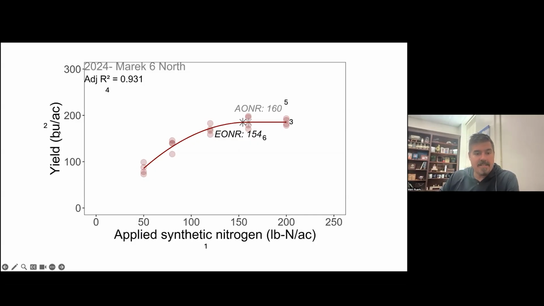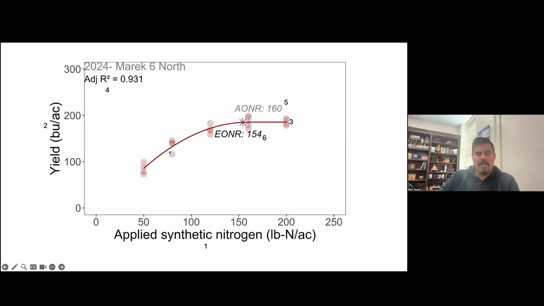Number two, the y-axis. This is yield, corn yield in bushels per acre. It's what you'd measure on each plot. Number three is the curve, and this is really what we're after. We want to build a response curve, and this is a case where the response curve is what we call a quadratic plateau, meaning this gets at the law of diminishing returns.